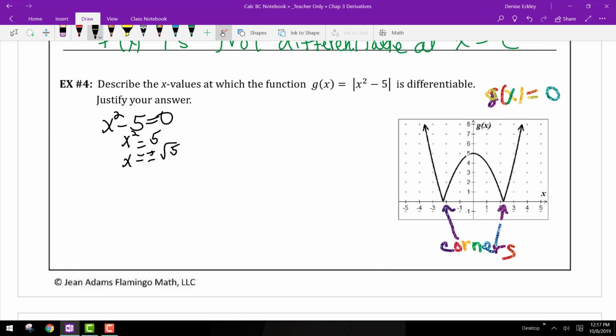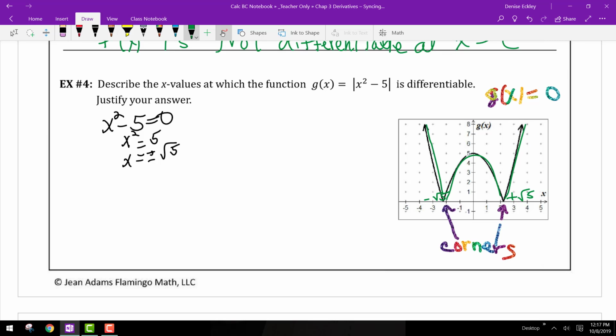So plus or minus the square root of 5. So here is minus the square root of 5 at that point, and the other one is positive square root of 5. Okay, so we are differentiable everywhere up to there, skipping that point, clear around the curve till we get to that square root of 5 point, again skip that, and go on.